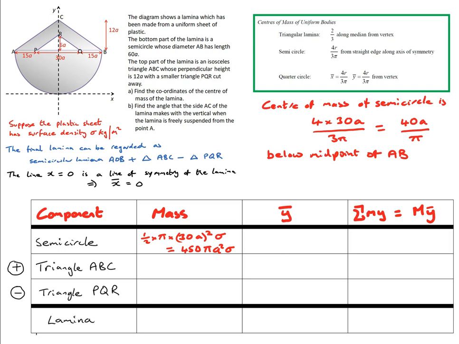So in this case, the centre of mass of the semicircle is 4 times 30a divided by 3 pi, which gives me 40a over pi below the midpoint of AB. Well, the midpoint of AB is the point 0, 30a, so the centre of mass of our semicircular laminar is going to be 30a minus 40a over pi.